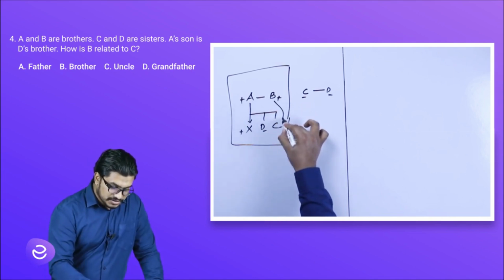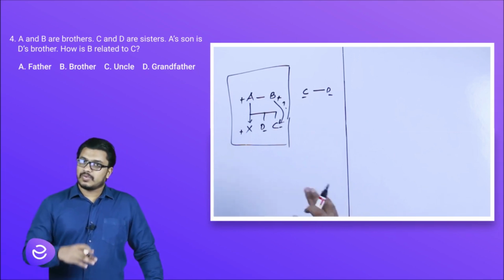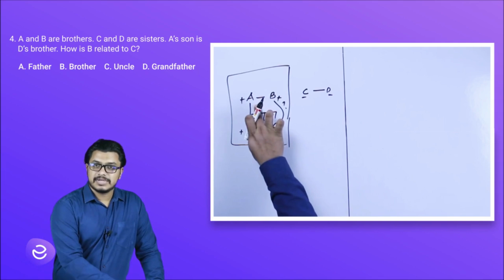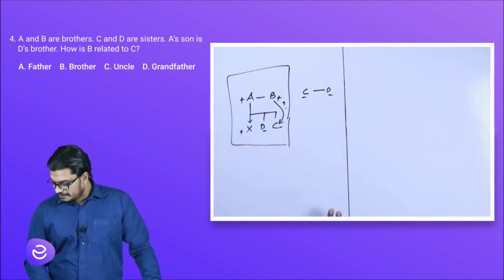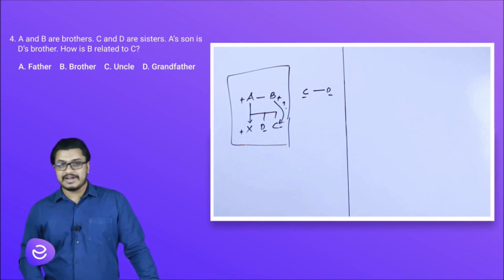So they are asking us to find the relationship between B and C. What do we have here? C, C's father, C's father's brother. Father's brother amounts to uncle. In the options we have A father, B brother, C uncle, and D grandfather.